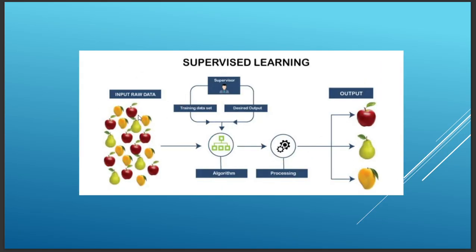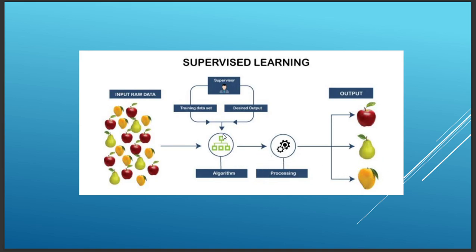Here is raw input data with some raw input and training data and dataset. The algorithm output will be like this. The clustered raw data will be labeled here, and it will be easily classified.